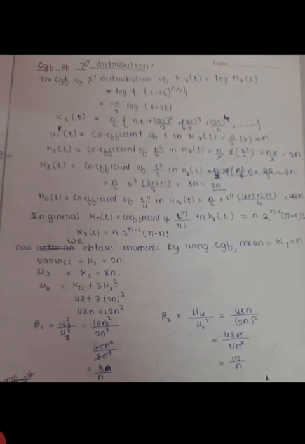Next, using CGF of chi-square distribution. The CGF of chi-square distribution Kx(t) is equal to log of Mx(t).